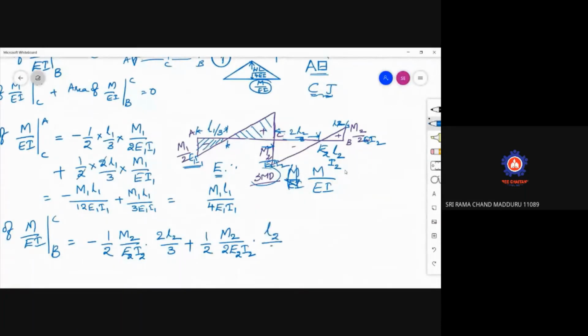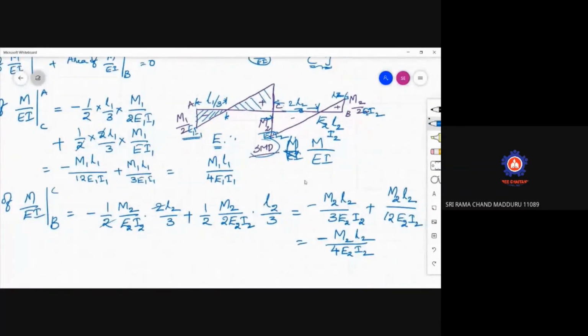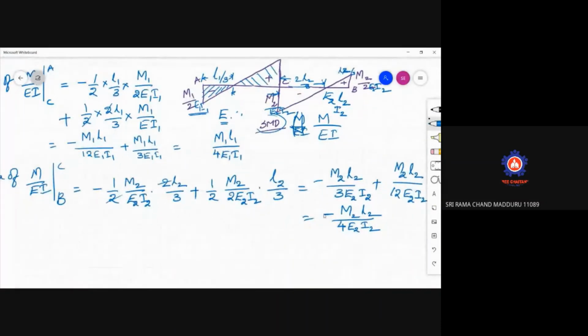So simplify this: minus M2 into L2 by 3 E2 I2 plus M2 into L2 by 12 E2 I2, which is nothing but minus M2 into L2 by 4 E2 I2. So this is the area of M by EI of C to B.